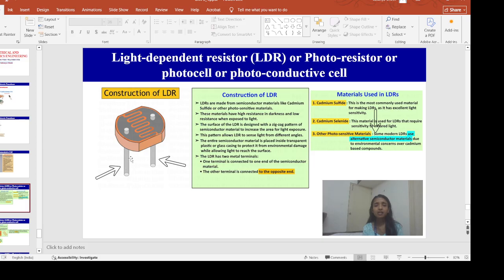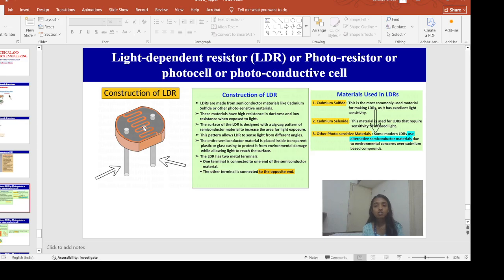Now, as I told, this semiconductor material or photosensitive material in LDR is mainly cadmium sulfide. It is the most used material to make LDRs because it has excellent light sensitivity. Also, cadmium selenide is used to make the LDR because it also has high light sensitivity.